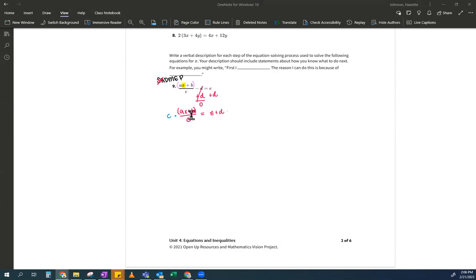Now here's where I tell my students, can you think about how Miss Johnson's going to write multiply by C? Some students just multiply the C by E, but that's not correct because you're supposed to multiply the whole thing by it.